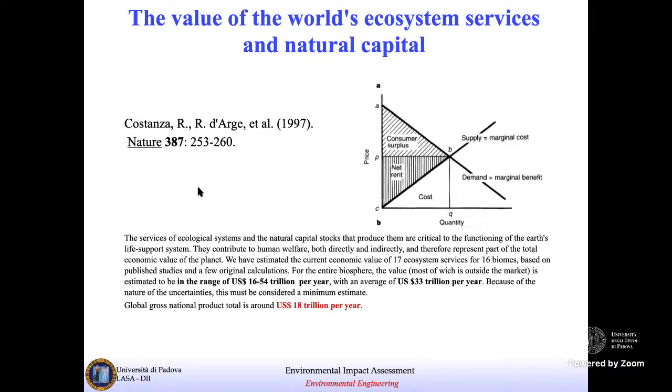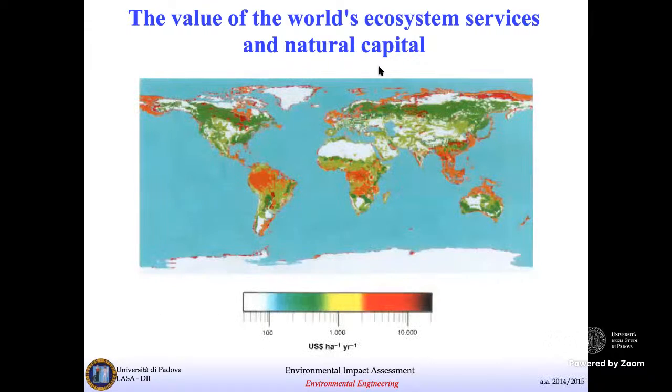On the basis of the work of Costanza, it was possible to plot this kind of maps in which, in terms of ecosystem services, you can differentiate the values of different areas of the planet.